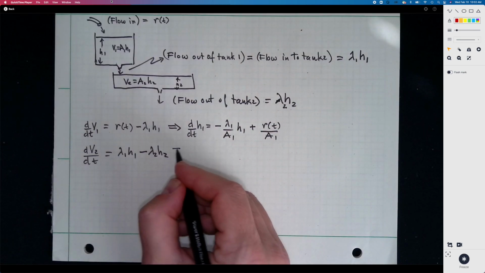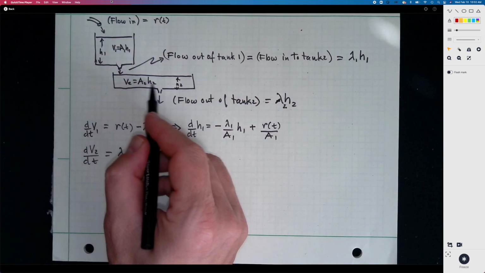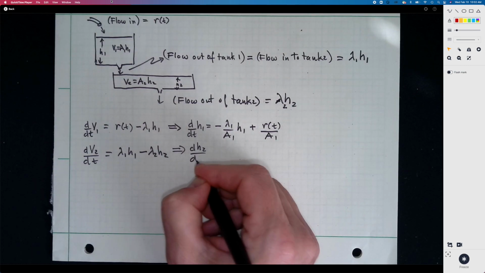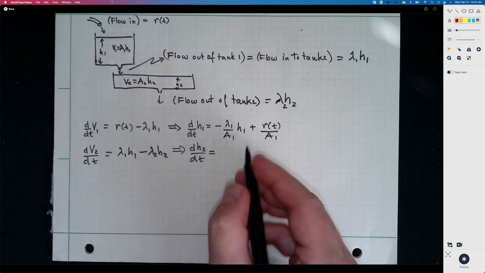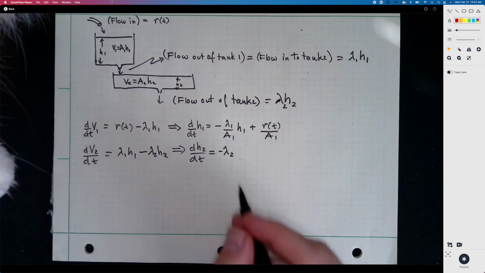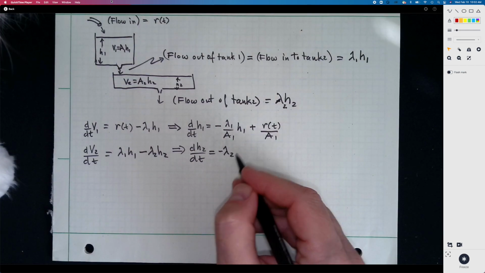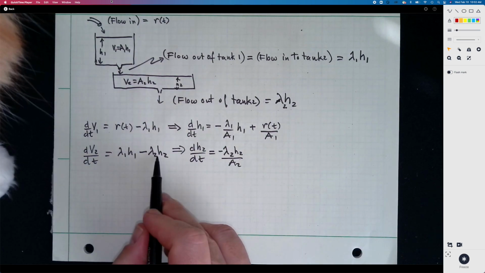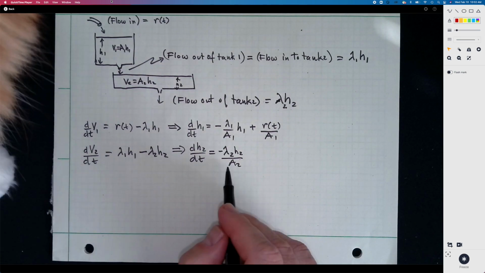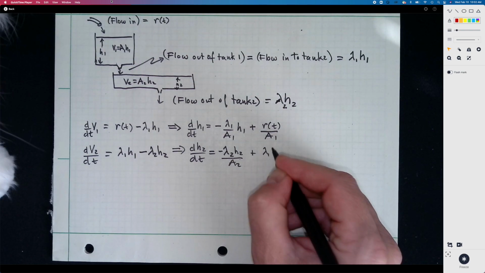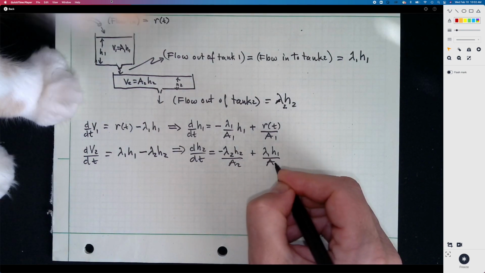Using the fact that the volume in tank 2 is A2 times H2, we have dH2 dt equal to minus lambda 2 H2 divided by A2, that's the flow out divided through by A2, and then the flow in, plus lambda 1 H1 divided by A2.